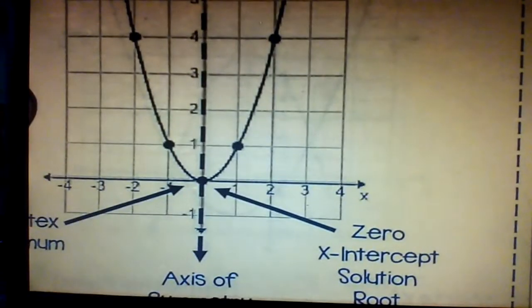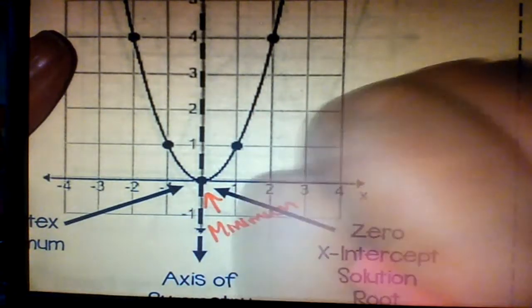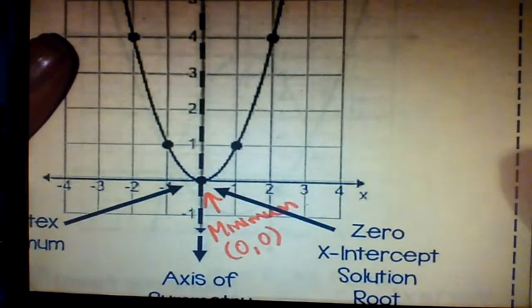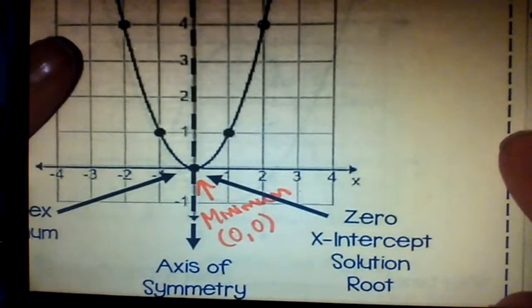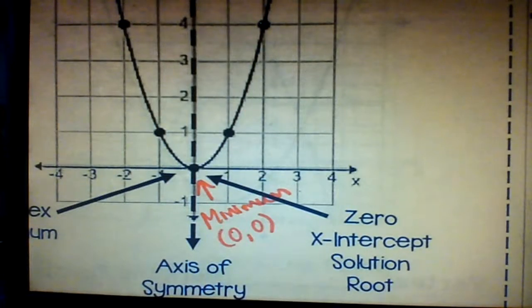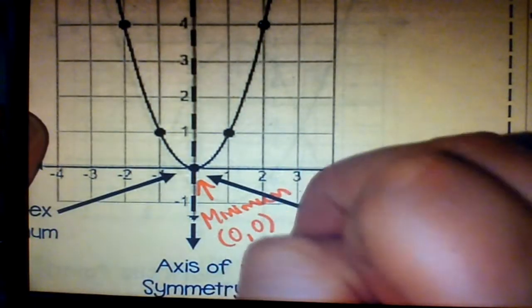If we go back up to this picture, this is my minimum. My minimum is at 0, 0. My axis of symmetry comes down and cuts my graph in half at that point. So my axis of symmetry is actually at x equals 0.